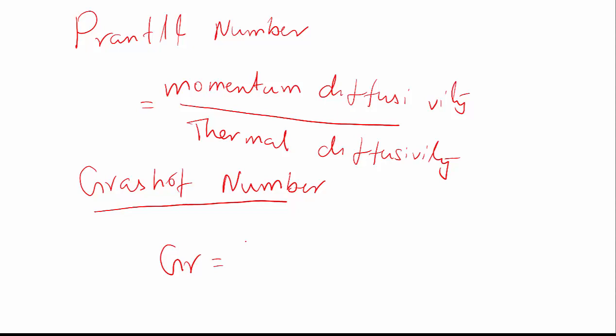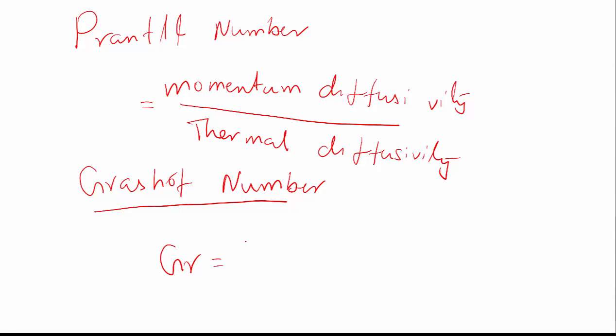Then another one is viscous. The gases also have viscosity, and the viscosity reduces the flow. Therefore the viscosity is in the denominator, and the buoyancy force is the major driving force, similar to the inertia force in the Reynolds number.